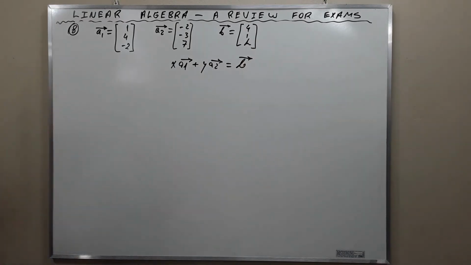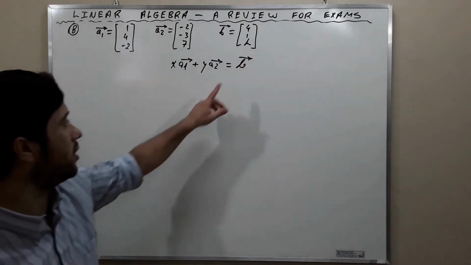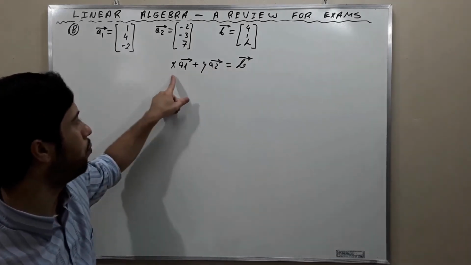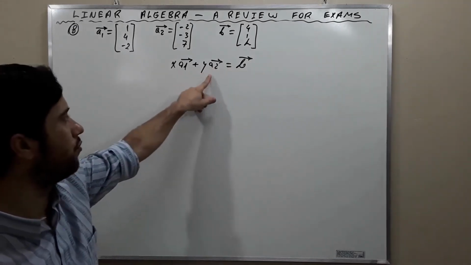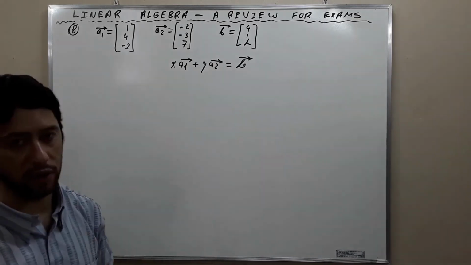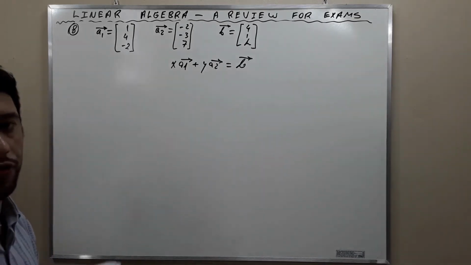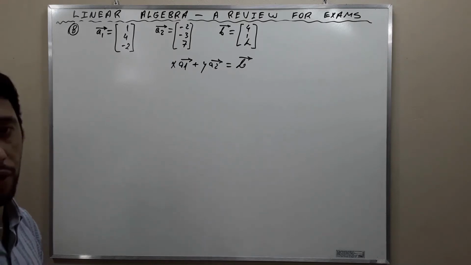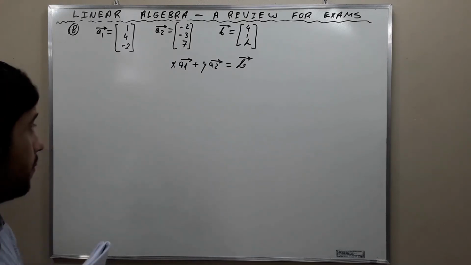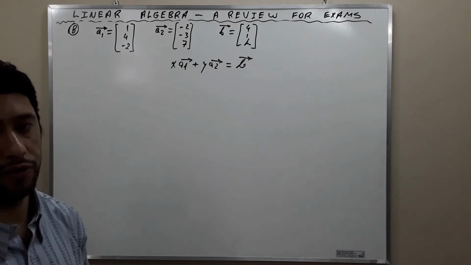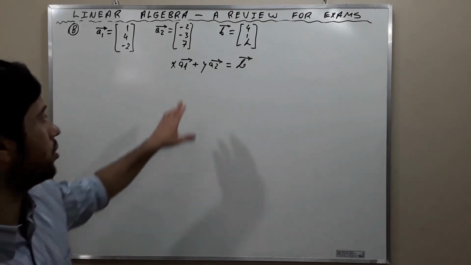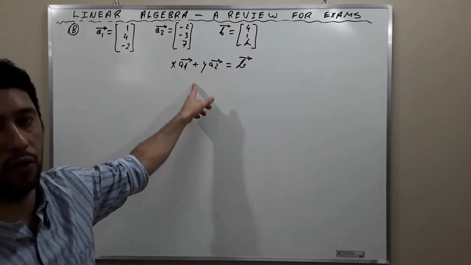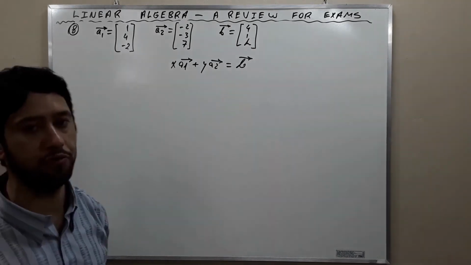All right? You see that if b can be produced by combining a1 with a2 in accordance with the laws of linear algebra, not geometric algebra or any other kind of algebra, we are going to use the laws of linear algebra to combine a1 and a2 and produce b.